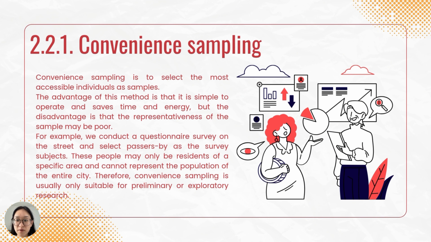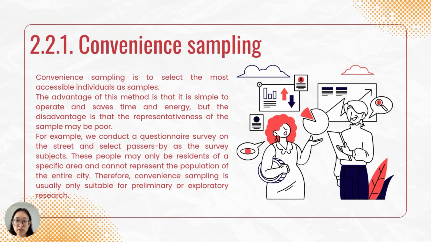Convenience sampling is to select the most accessible individuals as samples. This method is simple to operate and can save time and energy, but its disadvantage is also obvious. The representativeness of the sample may be poor.